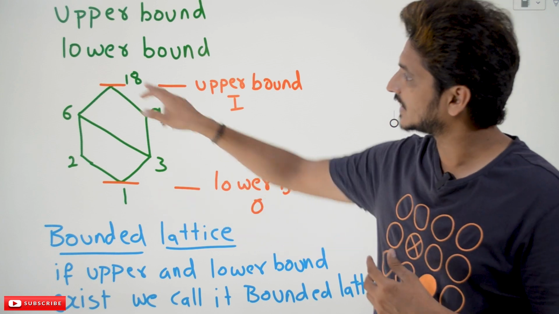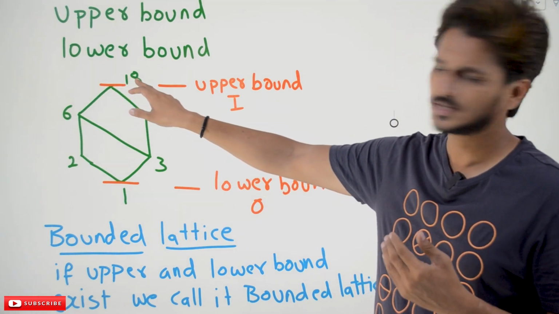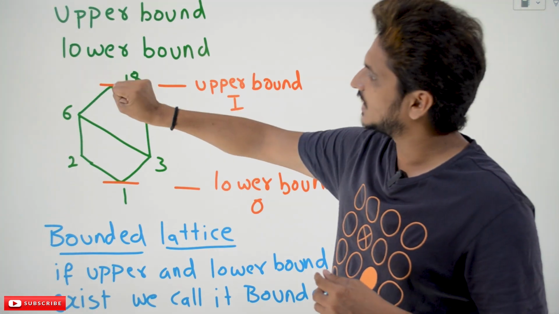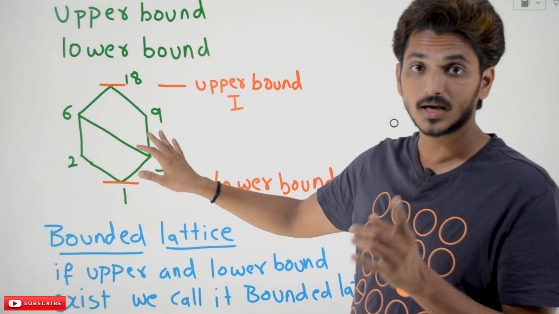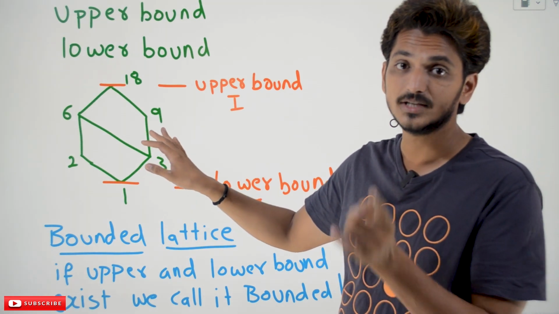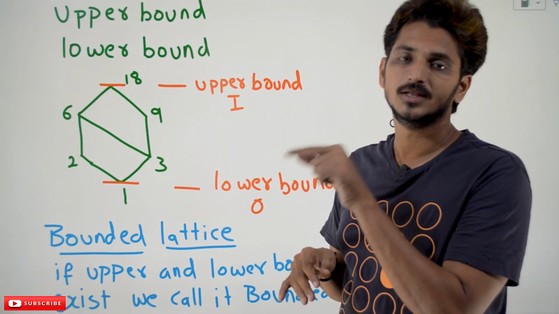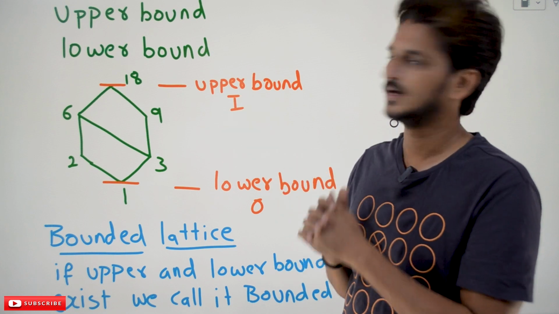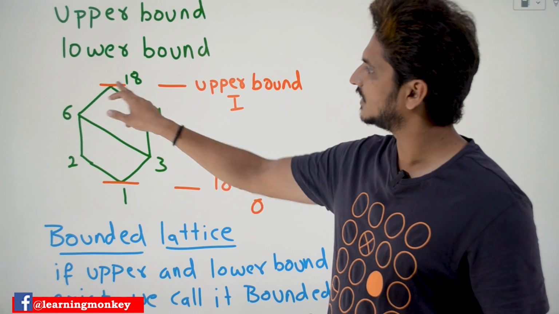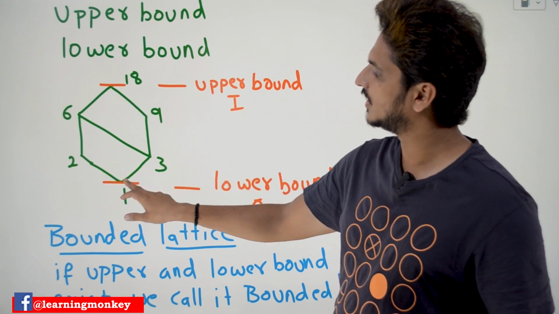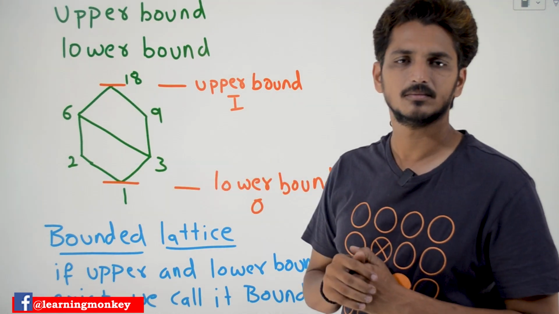Why we call the element 18 the upper bound: you consider this element, you take all the remaining elements. All the remaining elements should form a relationship with 18. Then we say it is the upper bound. See here, 6 relates to 18, 9 relates to 18, 3 relates to 18, 2 relates to 18, 1 relates to 18.